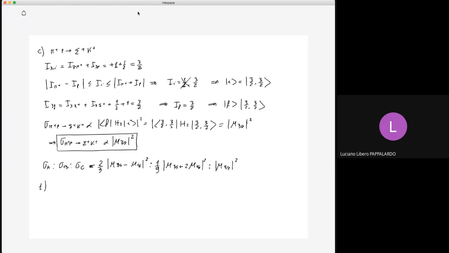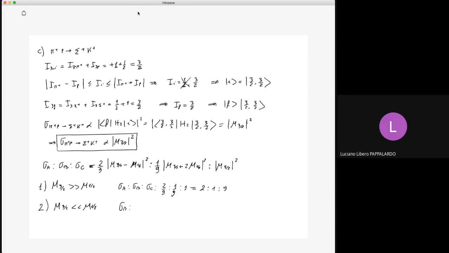One can study here two limit cases. Suppose for instance that you are in a regime where M_3/2 is much greater than M_1/2. So one can neglect M_1/2 compared to M_3/2. And so in this case, the ratio of the cross-sections will be simply 2/9 to 1/9 to 1, which is equivalent to 2 to 1 to 9. Or the opposite case where M_3/2 is much smaller than M_1/2, so you can neglect M_3/2.